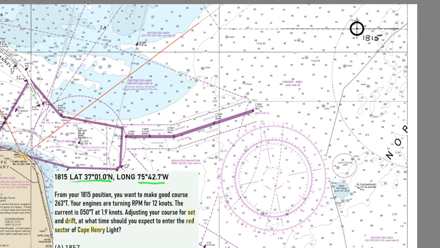To further indicate that we're dealing with a set and drift problem, we have the magic words make good. We want to make good course 263. That's our track line, and our track line is the path that our ship is going to follow through the water. Our actual heading, the ordered course that we're going to give our helm, is going to be different.